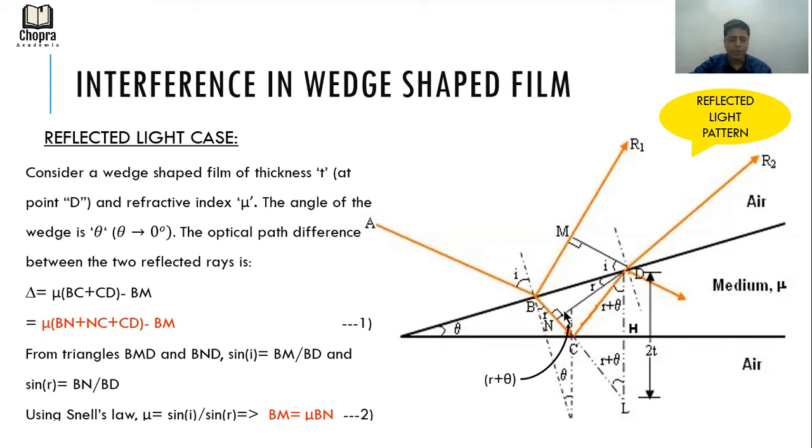So we again find from the triangles BMD and BND that sine I is equal to BM by BD and sine R is equal to BN by BD. Using Snell's law, mu is equal to sine I by sine R, or mu is equal to BM by BN, and BM is equal to mu times BN.